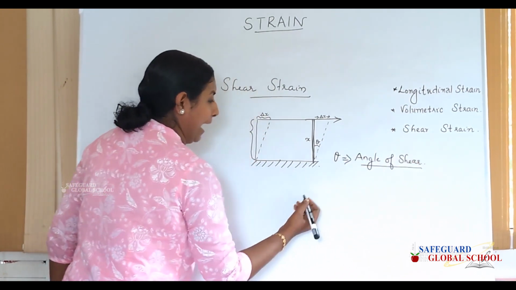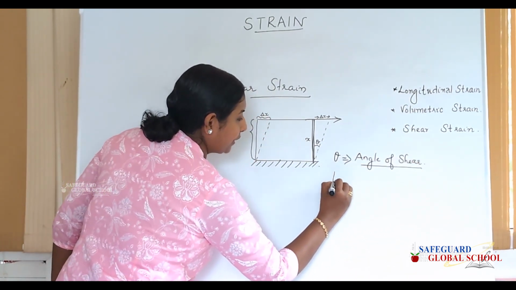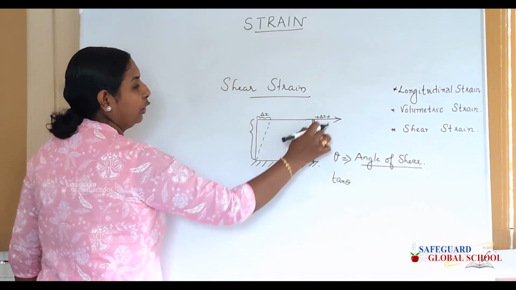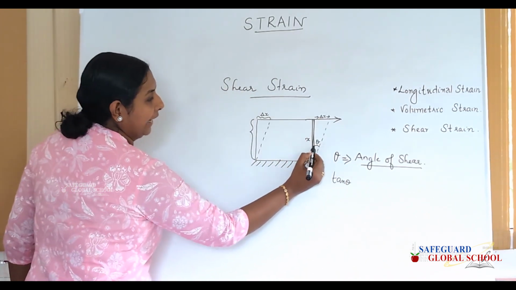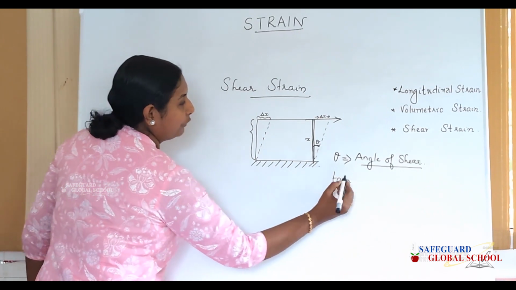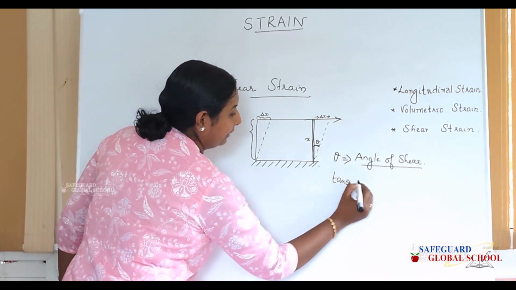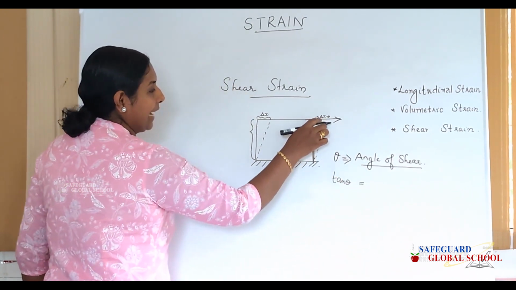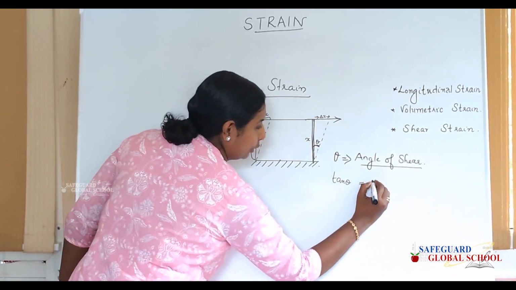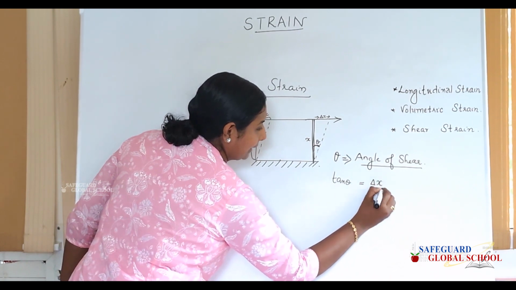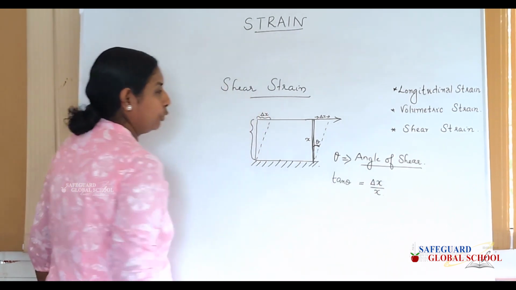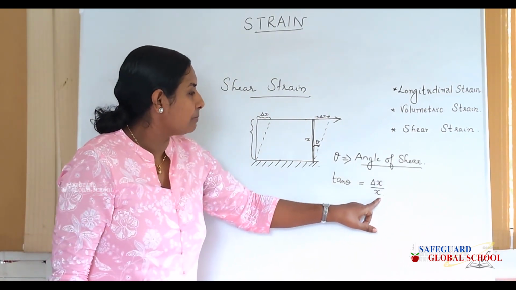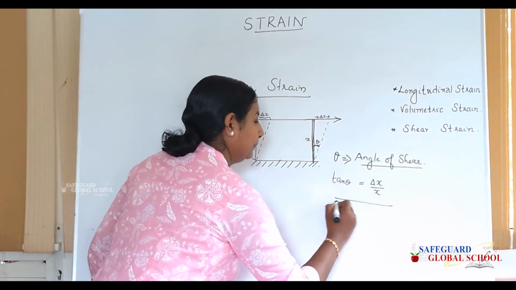When we write tan theta, can you see a triangle over here? Taking tan theta of that angle, we will get the opposite side by adjacent side. So that is delta X by X. So shear strain is actually delta X by X.